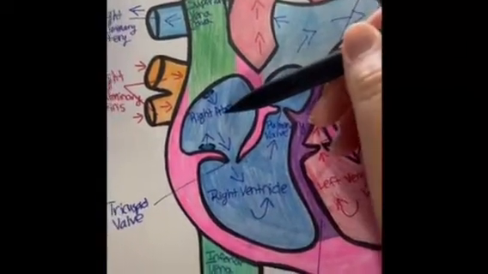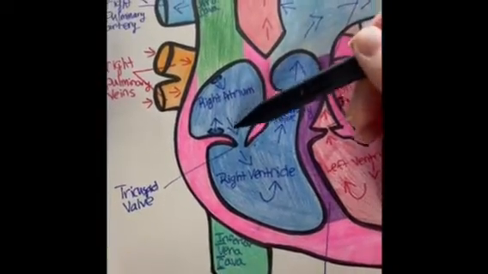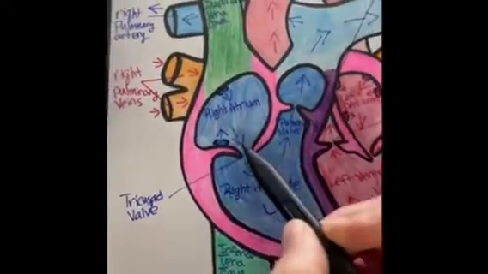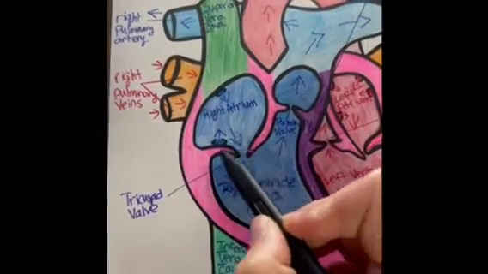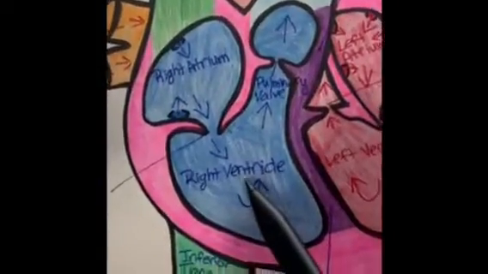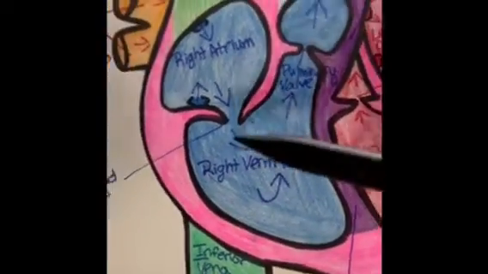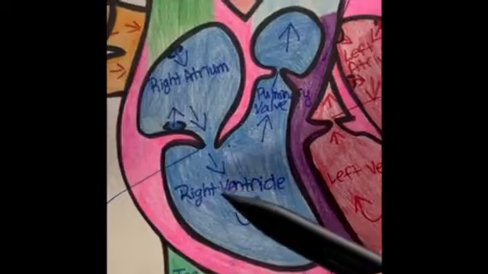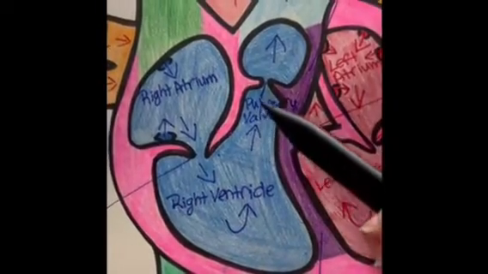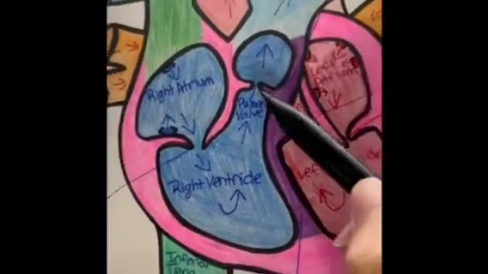From the right atrium, the deoxygenated blood will pass through this tricuspid valve into the right ventricle.